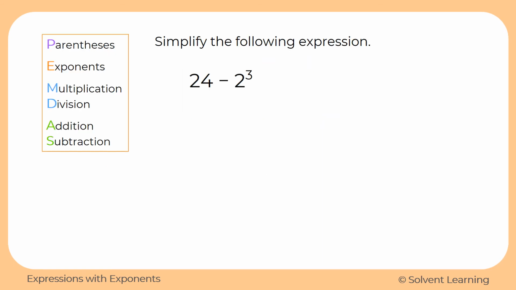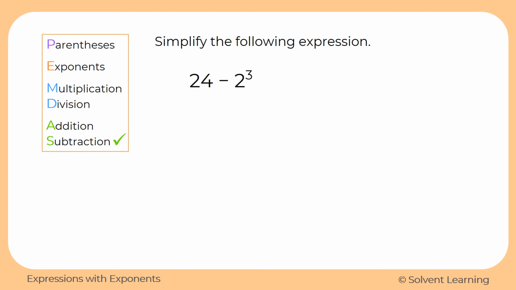Okay, so now let's see what happens when we see an exponent placed as a part of an expression. So let's go ahead and simplify this expression. 24 minus 2 raised to the exponent of 3. So we know that we have subtraction. We have a subtraction sign in the middle there.